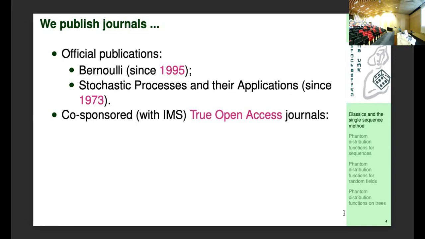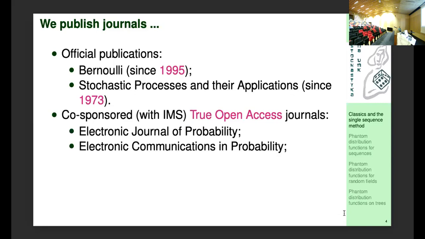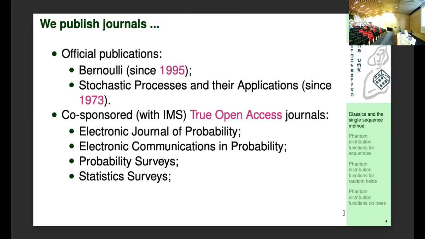So these are true open access journals: Electronic Journal of Probability, Electronic Communications in Probability, Probability Surveys, Statistics Surveys, and Electronic Journal of Statistics. They are with IMS. This is some other factor also. What does it mean? They are, for example, accessible on the Project Euclid service.